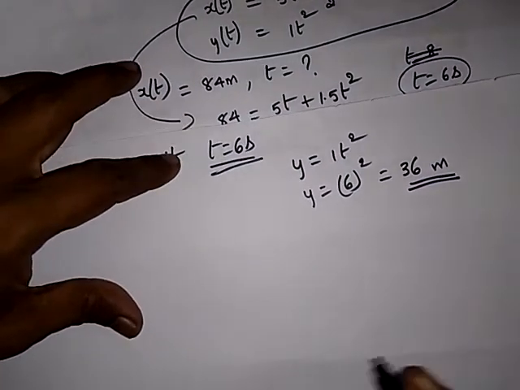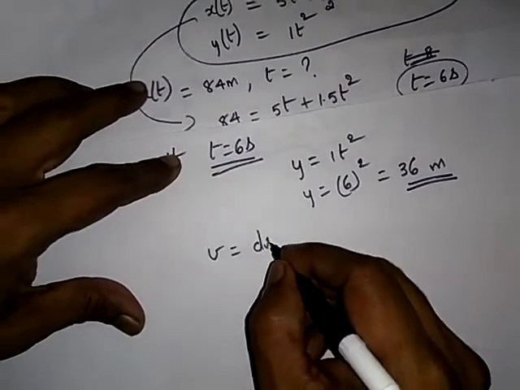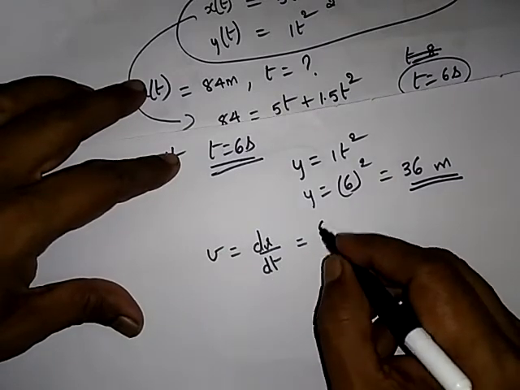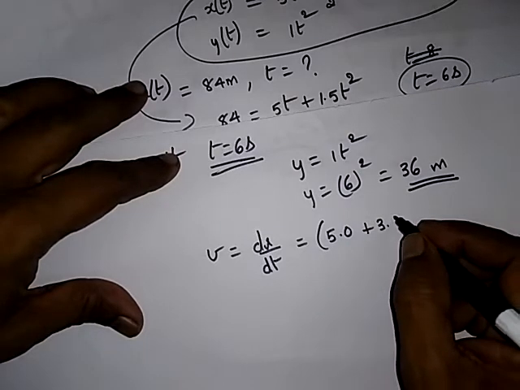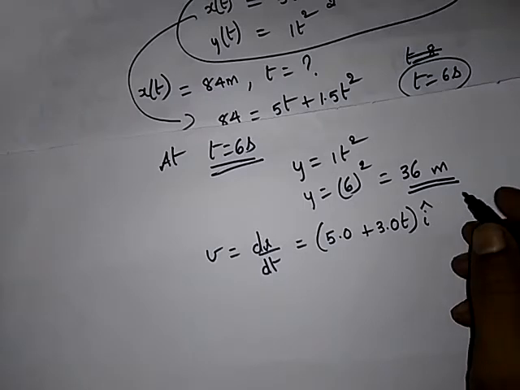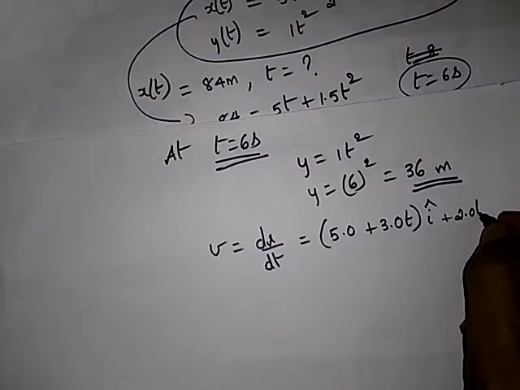Now we want velocity, speed. v is equal to dr by dt, the rate of change of position, which is equal to 5.0 plus 3.0 t i cap plus 2.0 t j cap.